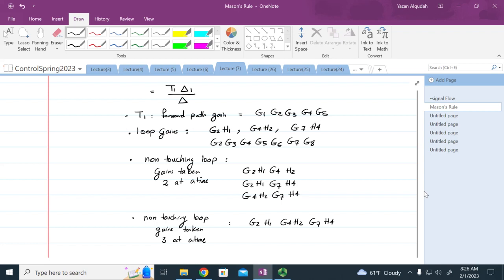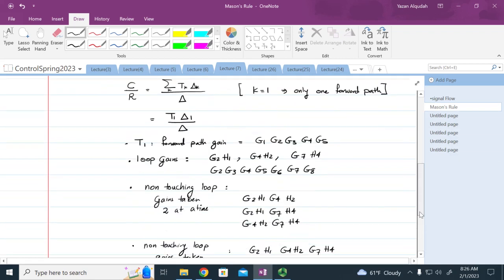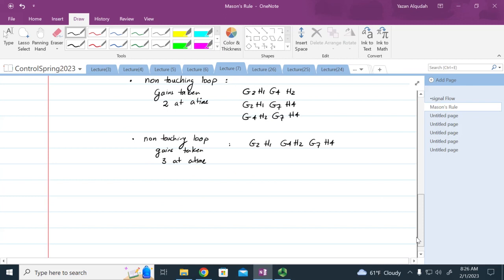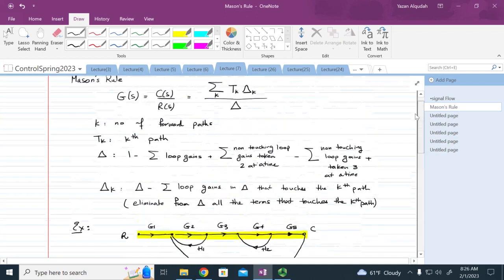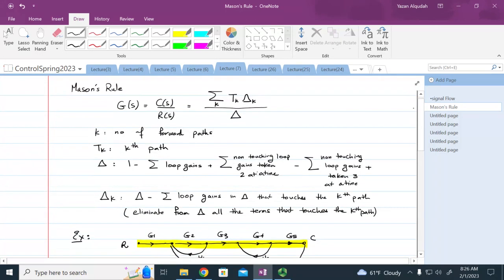Before we do that, we're going to calculate the delta. We have room here, we can calculate delta here. What is delta equal to from the definition? We take 1 minus the summation of loop gains, plus the non-touching loop gains taken two at a time, minus the loop gains taken three at a time.